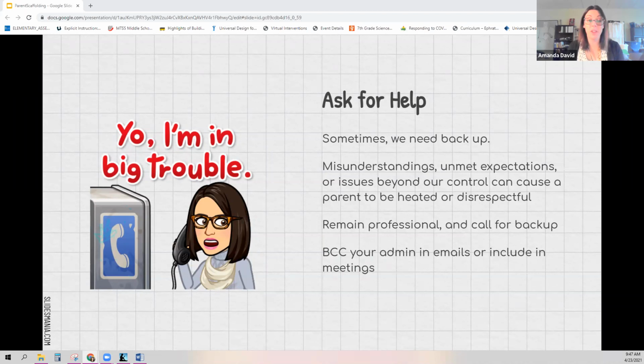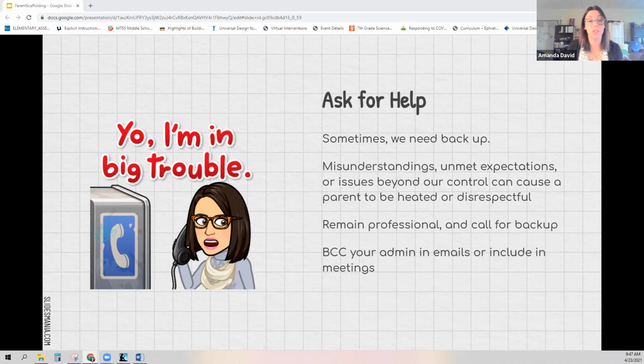So if there is an issue, remain professional first and foremost and call for backup. Whether that be your teacher leader, whether that be a mentor, whether that be an administrator in the building, be sure to have someone who you know that you can reach out to who will be able to support you.